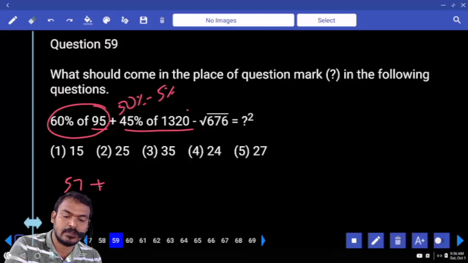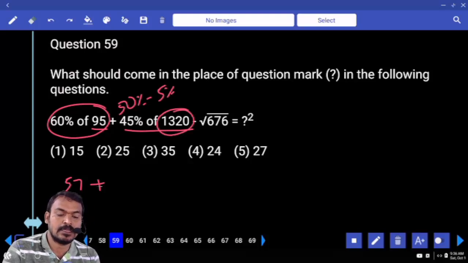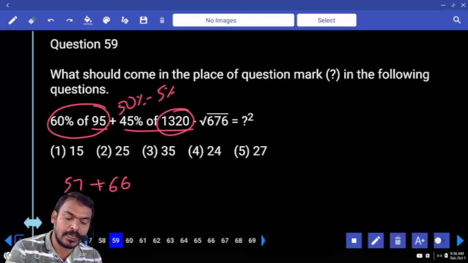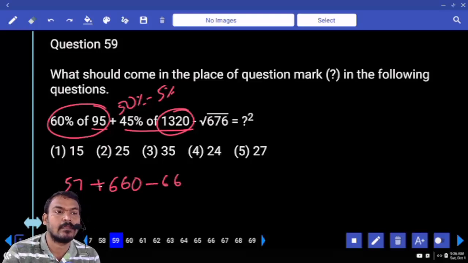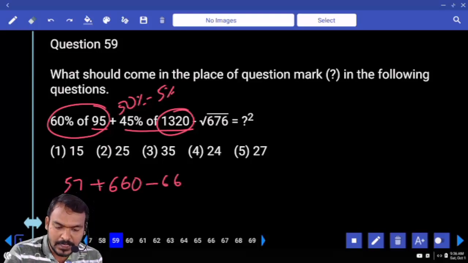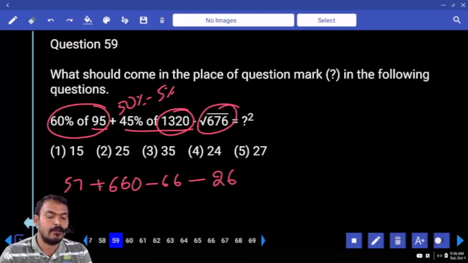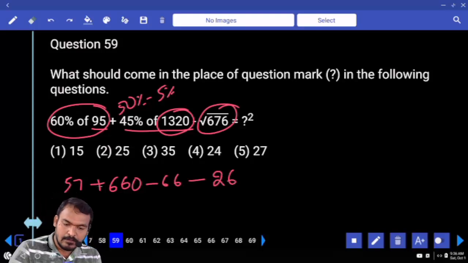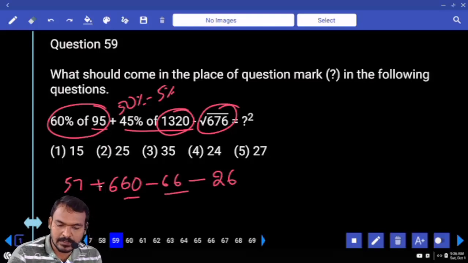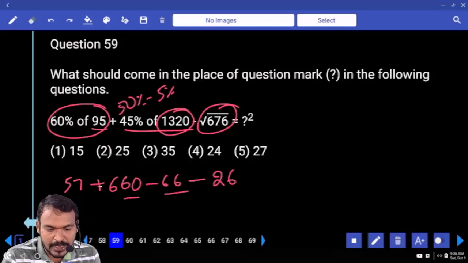What is the 50% of 1320? 660 minus 66 or not? Yes or no? Minus square root of 676, minus 26 or plus 26? Minus 26. First 60 minus 66, minus 6 or plus 6?